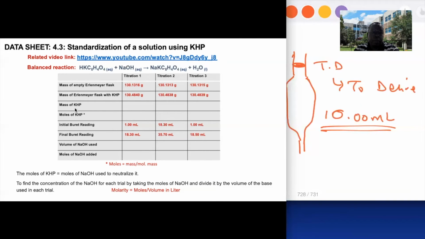And remember the chemical formula for KHP. This is not a complete chemical formula. This is the initial buret reading. This is the final. This data here you see is for Section 4.3.